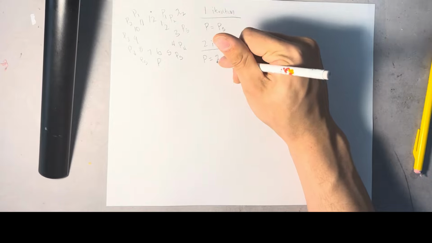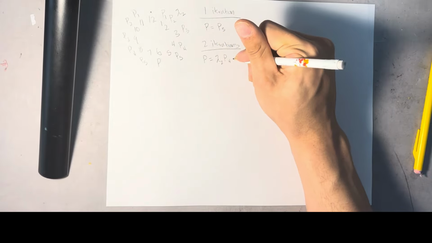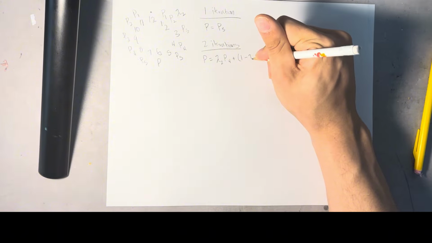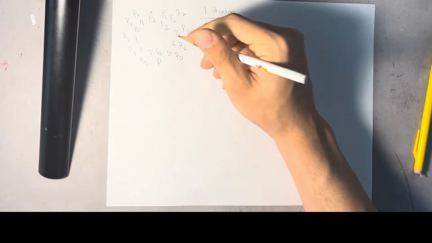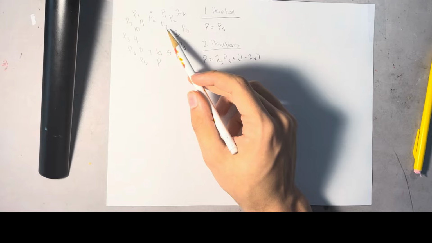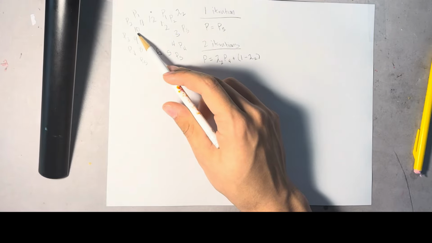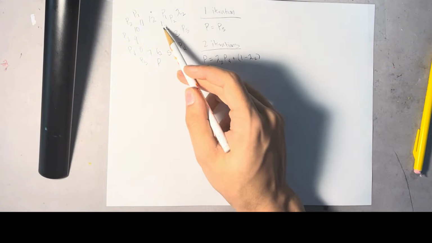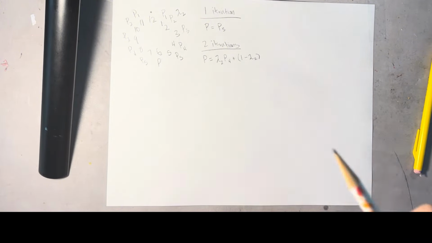So we could say lambda 2 times p4 plus the probability that it reaches 6, given that it didn't reach either 2 or 10. And the probability that it didn't reach 2 or 10 after 2 iterations is 1 minus the probability that it does reach 2 or 10 after 2 iterations, which was lambda 2.